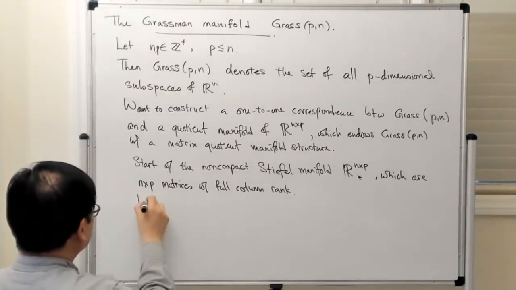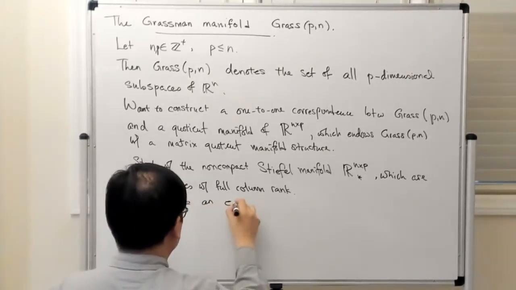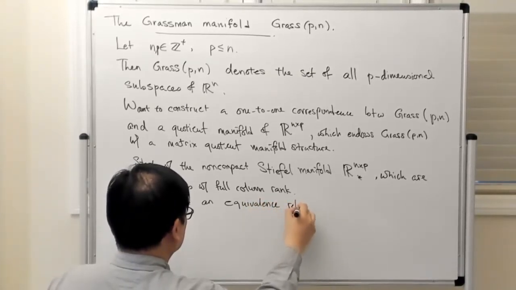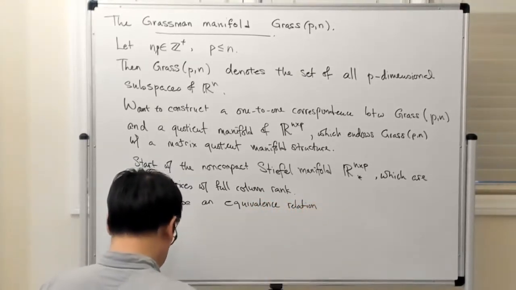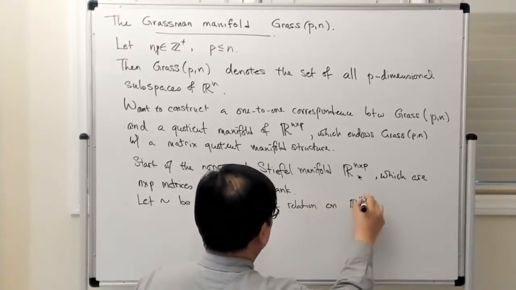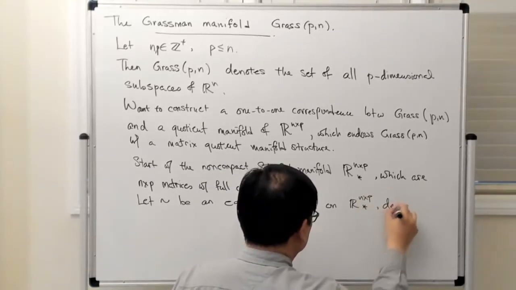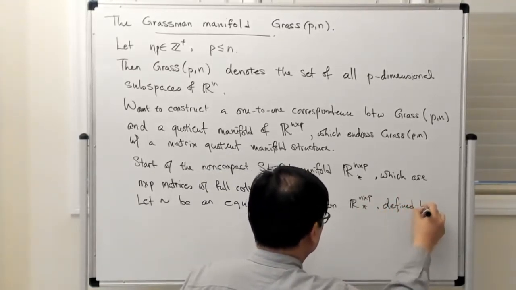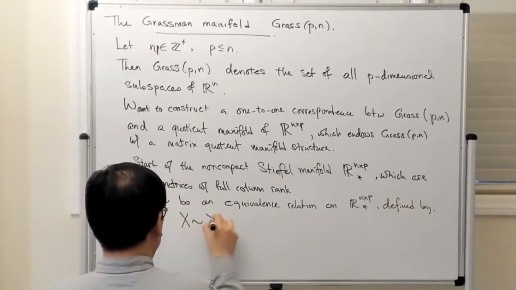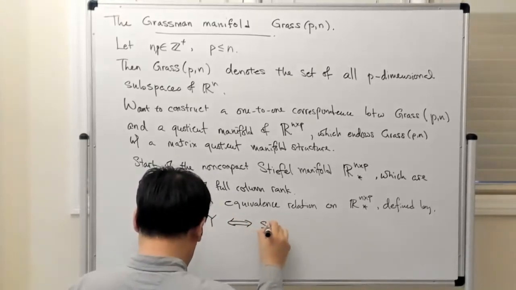Let tilde be an equivalence relation on this non-compact Stiefel manifold, defined by the following: two matrices are equivalent to each other if and only if their spans are the same.